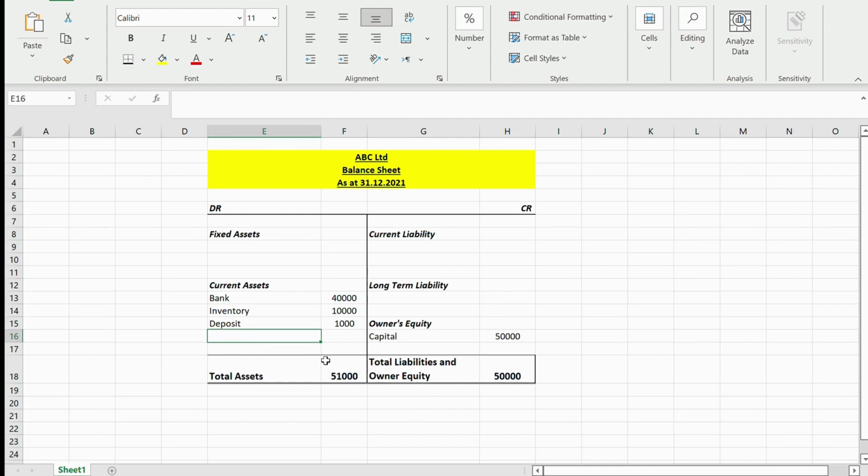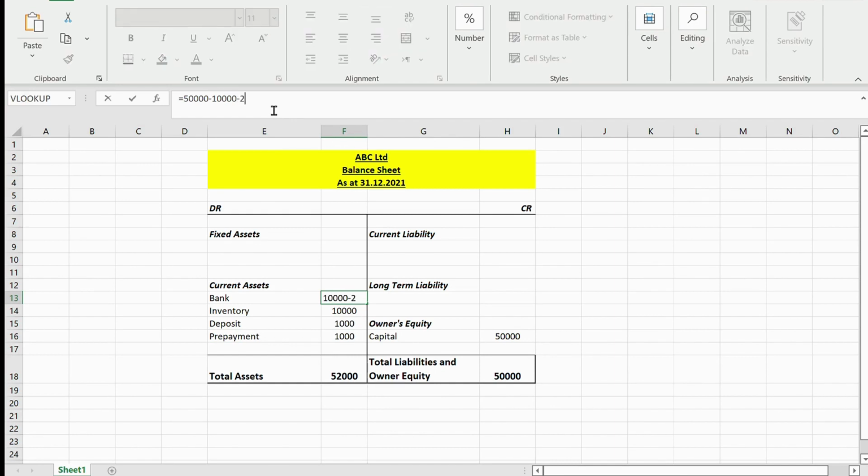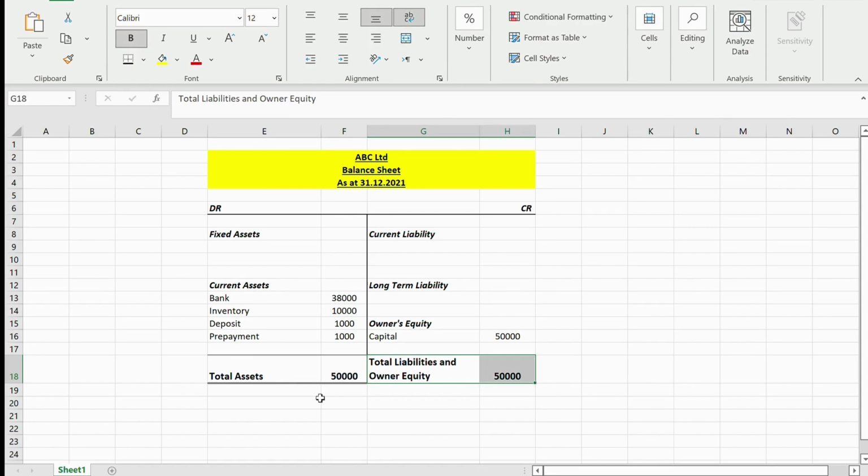And the advance payment for the rent, where the period hasn't started yet, we call it prepayment. Obviously it was paid cash, so let's reduce the bank by another 2,000. So that's our current position with assets versus liabilities, and both are equal.